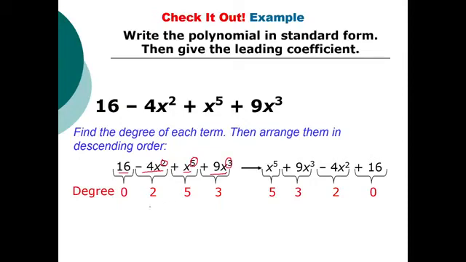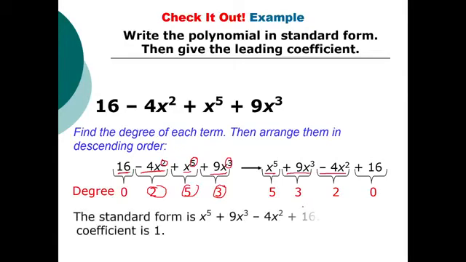So arranging this, the highest is x raised to 5, followed by positive 9x cubed, followed by the degree 2, that is negative 4x squared. And lastly, the constant term whose degree is 0, that's positive 16. And there you go. The leading coefficient is 1.